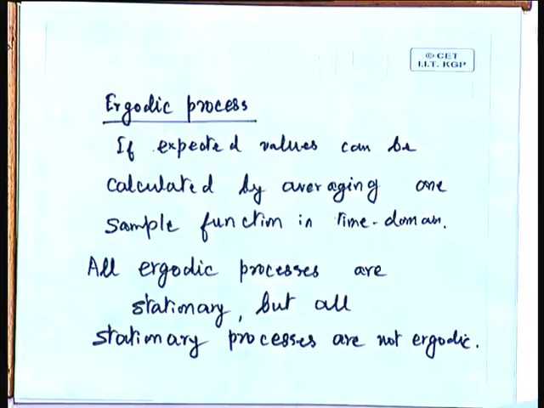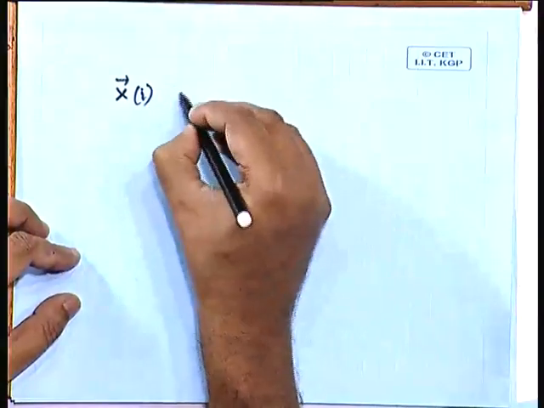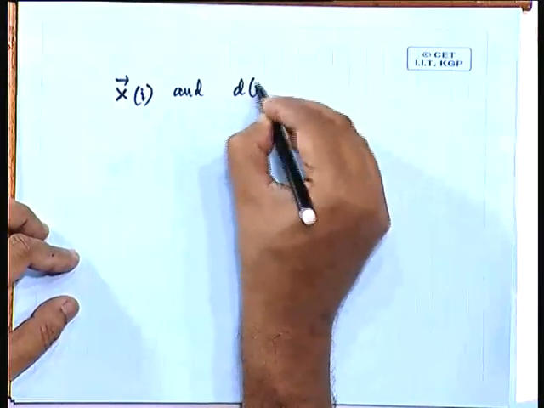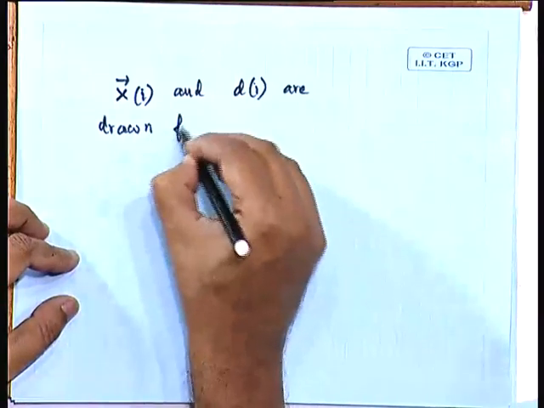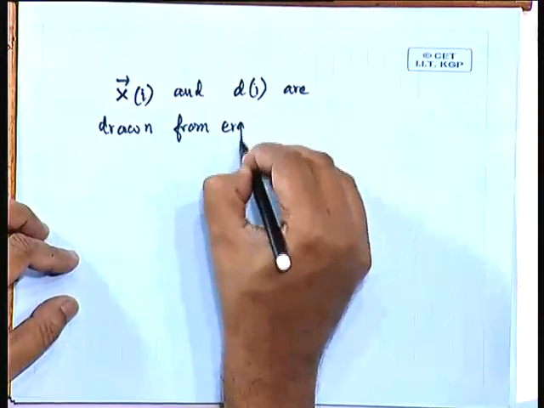So, what we are assuming is that we are drawing this x vector and the d from an ergodic environment. So, our assumption is that xi and di are drawn from an ergodic environment.